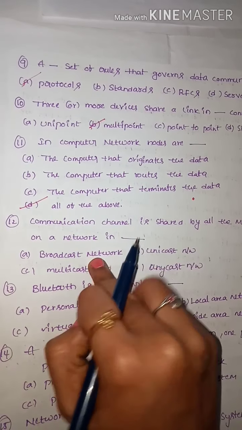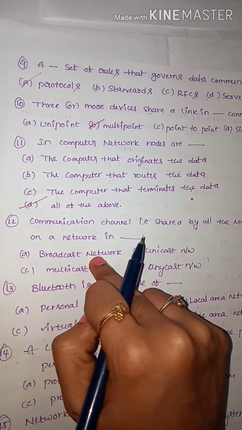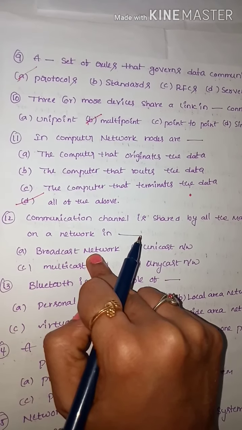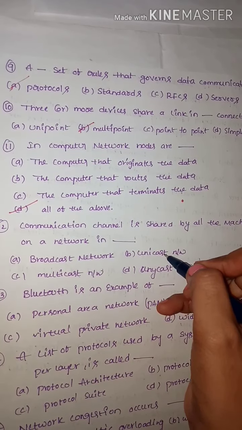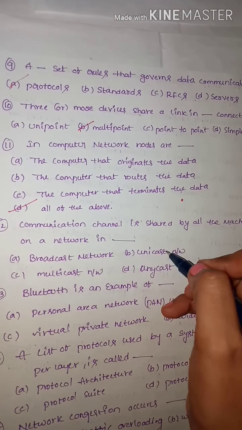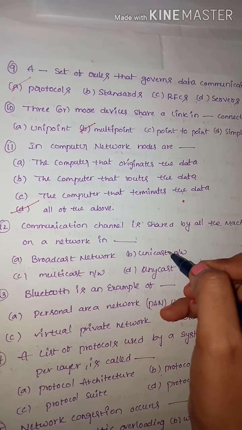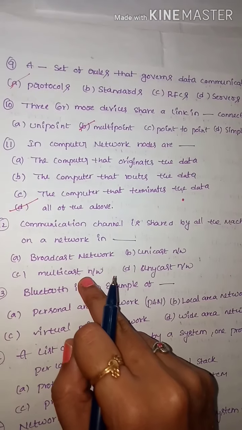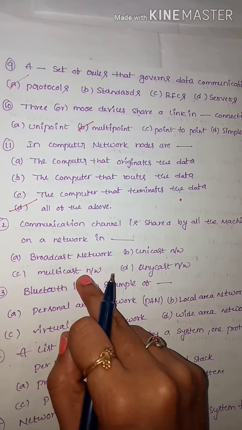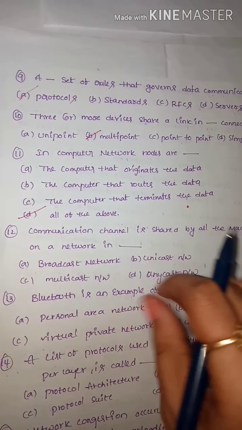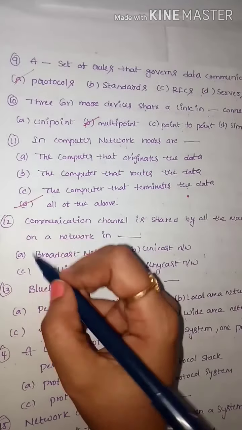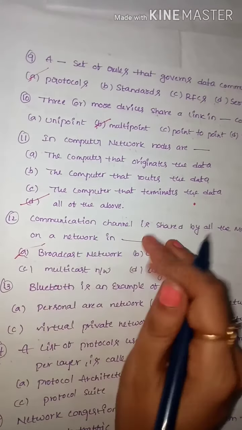Unicast shares the information with only a specific station. The multicast network sends to a group of stations. So the answer is broadcast network.